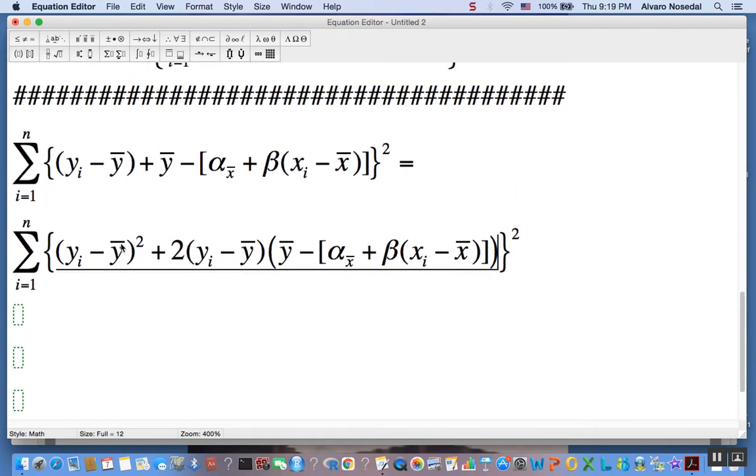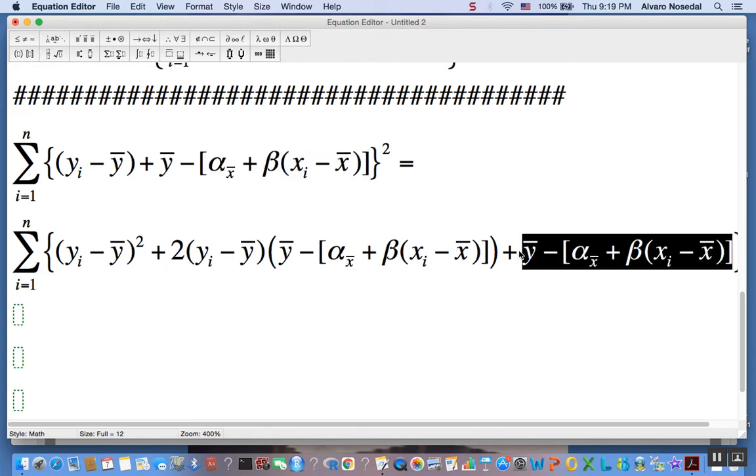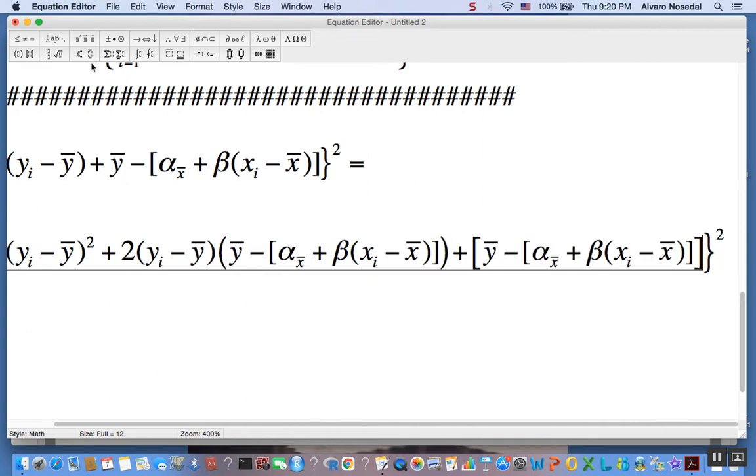Okay, so first one squared, 2 times the cross product between this and this, and plus this guy here squared. Okay, the whole thing squared.